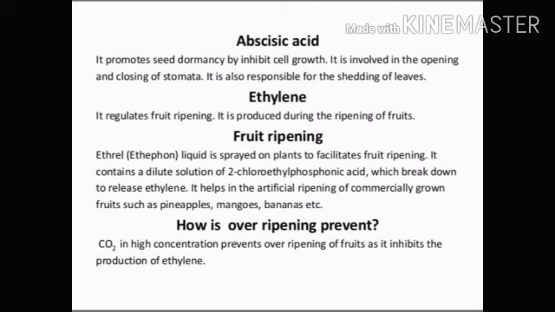Now, ethylene. The main role of ethylene in the plant is that it regulates fruit ripening. It is produced during the ripening of the fruit. Ethephon is a liquid which is sprayed on the plant to facilitate fruit ripening.